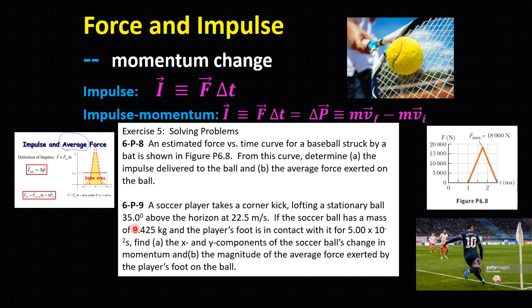The solution is on the next page. And the second question, once you have the momentum, is the magnitude of average force. You go back to the magnitude again, and simply the momentum change divided by the time gives you the force. So let's have a new page to talk about this.